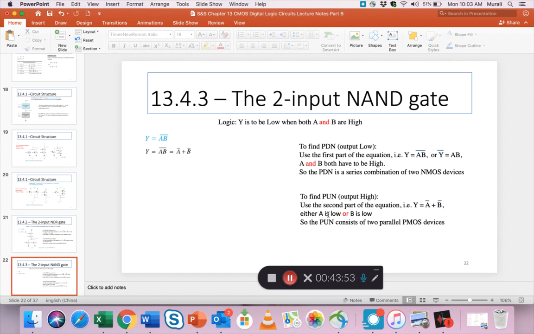So either A is low or B is low is what is going to give me that. And we know that the only type of device that likes it when the input is low is a PMOS device. It turns on. So the PUN consists of two, and because we have the OR, two parallel PMOS devices.